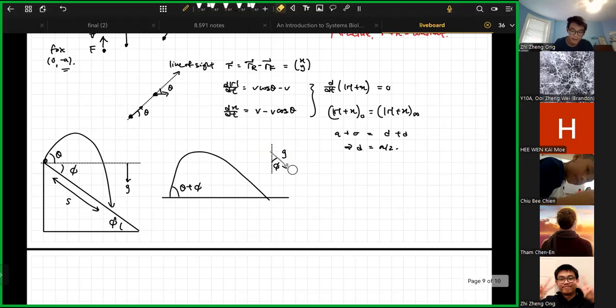But the nice thing about this is that you can use your classic ways to solve this like XY kinematics problem. You can just use g cos phi and g sin phi, and it's easier to perform the calculations.